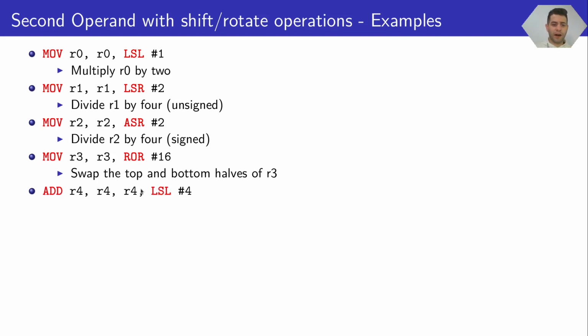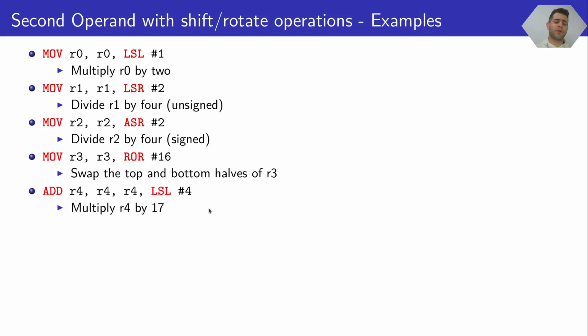Here we are taking R4 and performing a logical shift left of 4 positions. 2 to the power of 4 is 16, and what it means here is that we are summing R4 plus R4 16 times.